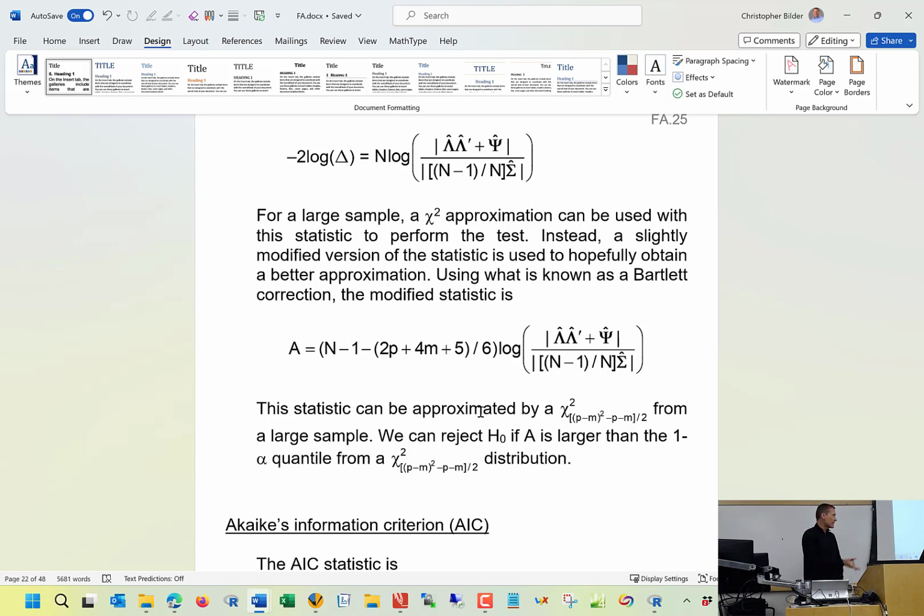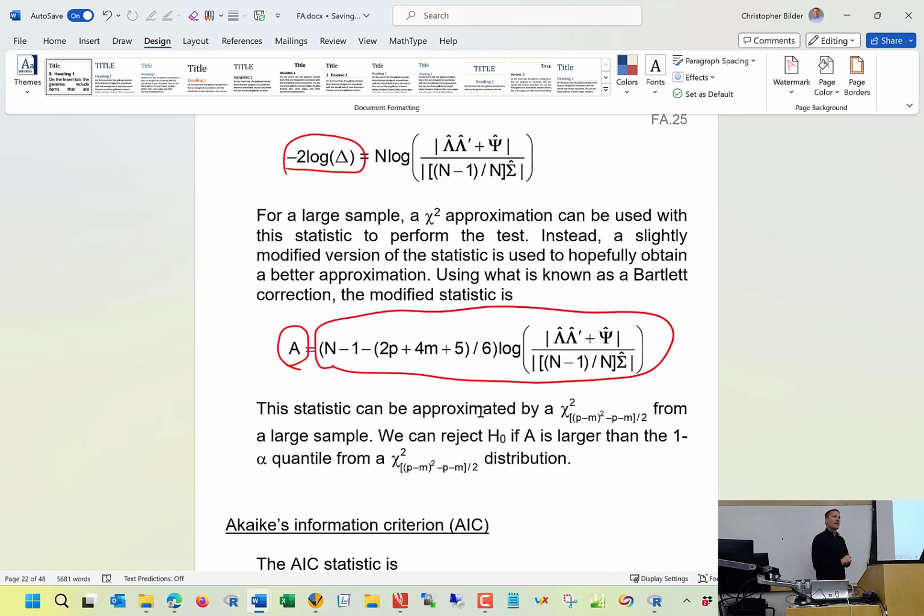So what a person by the name of Bartlett did a long time ago was make a little change to the statistic that leads to a better approximation for a chi-square distribution. So rather than negative 2 log delta exactly, we are going to use as a statistic, for lack of a better letter, called A. You can see it looks kind of like the one that we had above, but there are some small modifications to it.